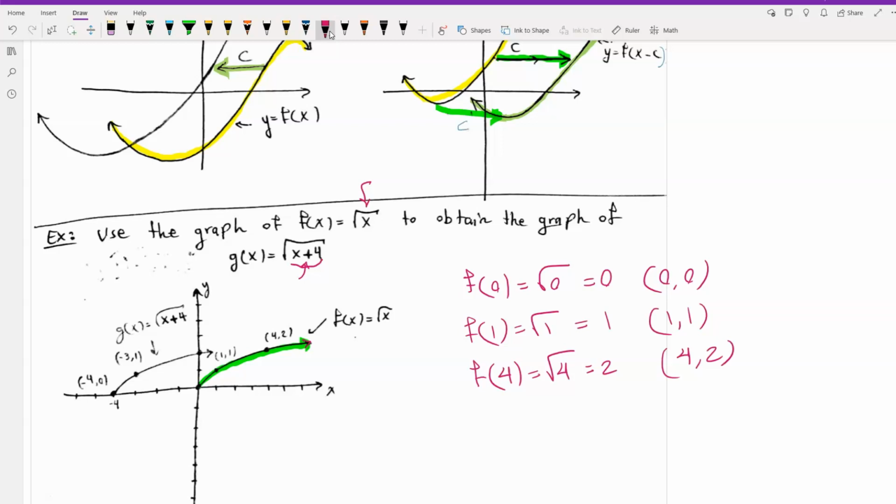So 1, 2, 3, 4, shifted 4 units to the left, finding this point. From here, 1, 2, 3, 4, 4 units to the left. So we have 4 units to the left for all of these points.